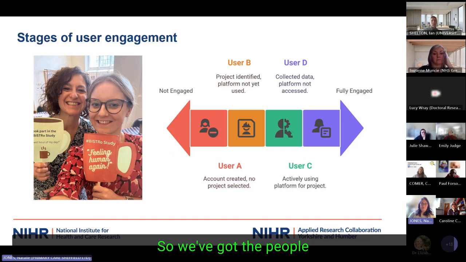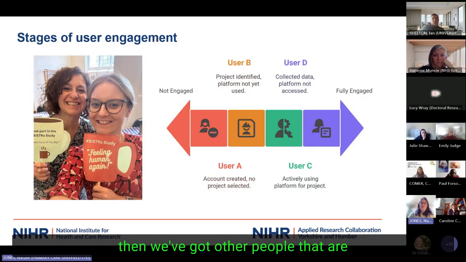So we've got the people that have an account but haven't got a project yet. We've got the people that have an identified project but haven't used Victor yet, and are waiting for maybe the research to finish. And then we've got other people that are actively using the platform and have used it more than once on various projects.